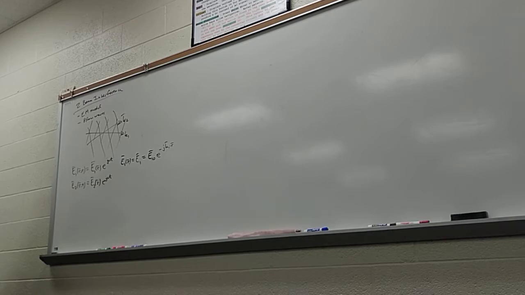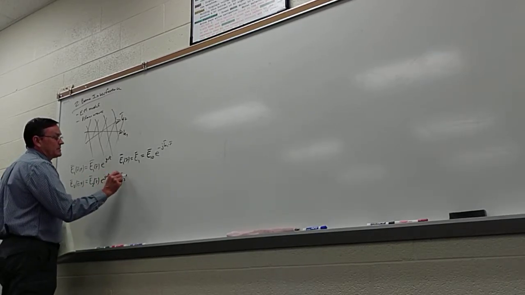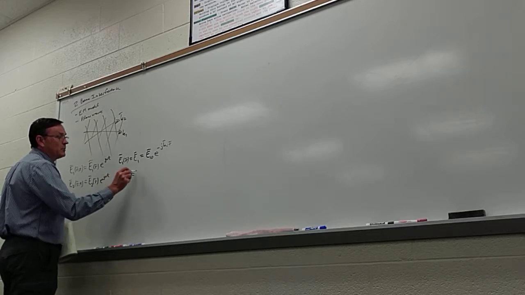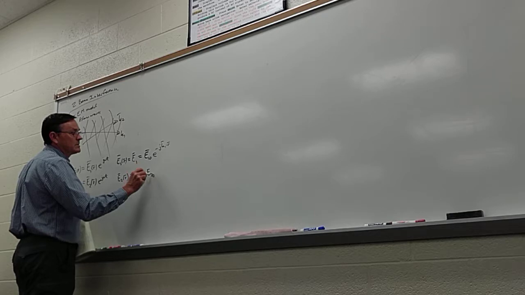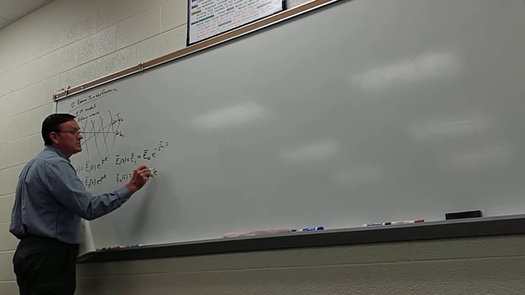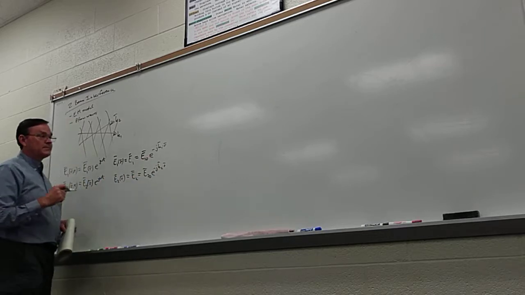So just the usual thing for a plane wave. And so the complex amplitude vector for the second wave is going to have the same functional form. So constant complex vector E20, e to the minus j k2 dot r.